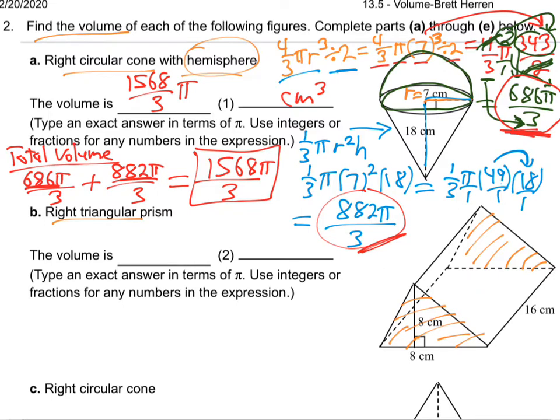It's just laying down, but it's the same thing. Whenever you have a three-dimensional shape that has the same shape on the ground and the top, and this one's just laying down on its side instead of standing up, that's a prism. That's what it means to be a prism.